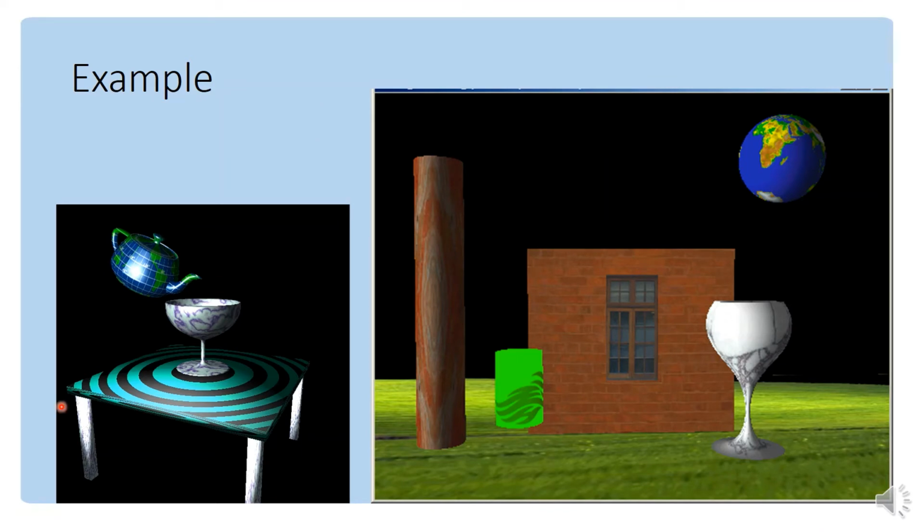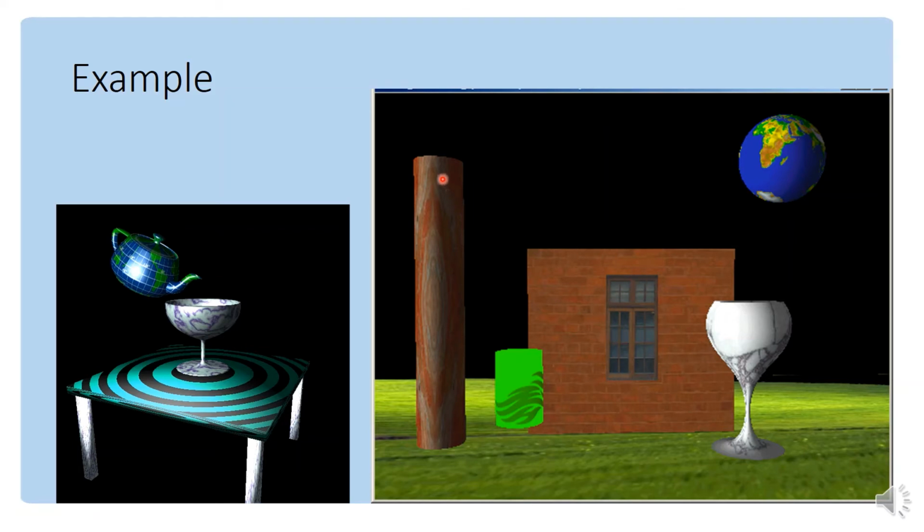Here are some examples of objects that have had a texture applied to them. Here we have a brick wall with a surface, and this window is also a texture applied to this wall.